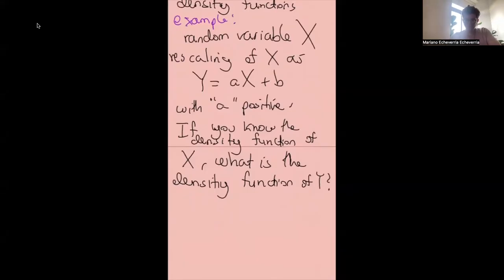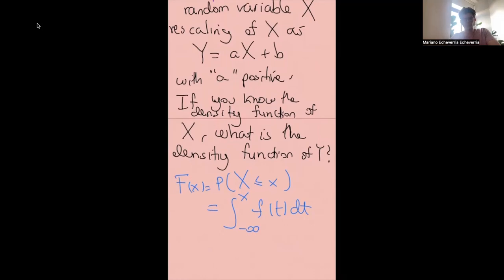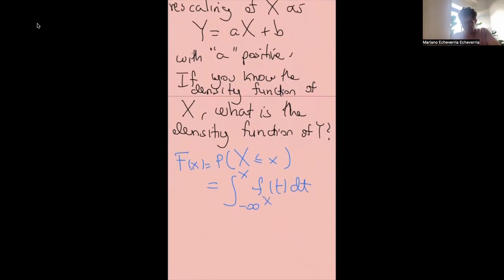What does it mean to have the density function of x? That just means that the probability that x is less than or equal to x is the integral from negative infinity to x of f of t dt. It might be useful to introduce some extra notation to indicate that this is the density function of x, something like f sub x of t dt.